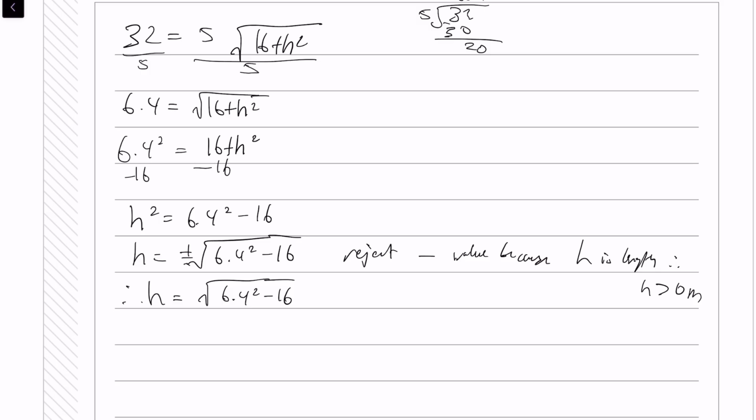Okay, so that's that. And what we can do now is, if you don't want to do 6.4 squared because you haven't learned that or anything like that, I know I certainly can do that, and I might do that method as well. But firstly, I'll do the method that QCAA gives. We know that this value for h is going to be greater than the square root of 6 squared minus 16. Okay?